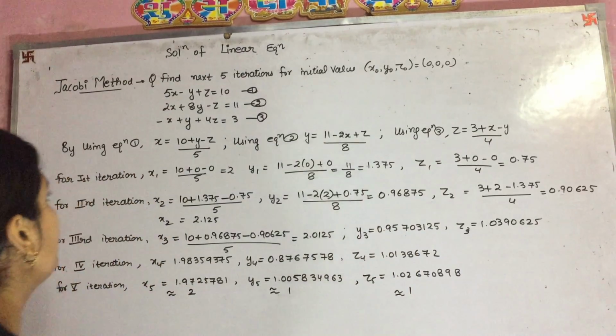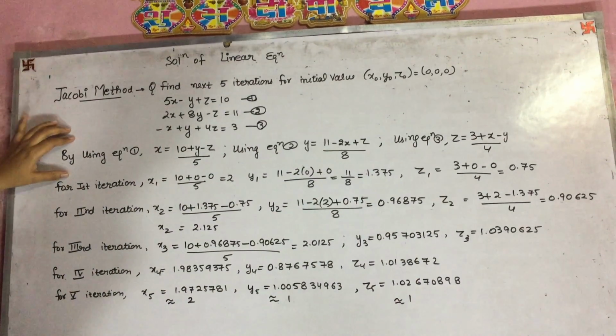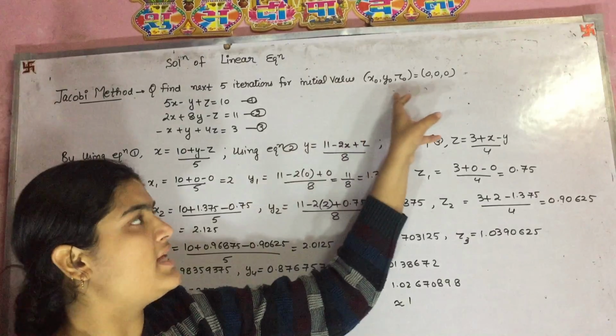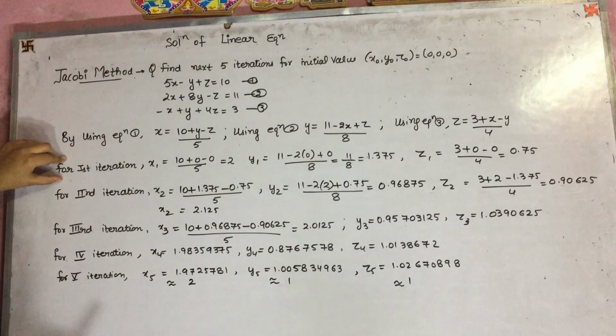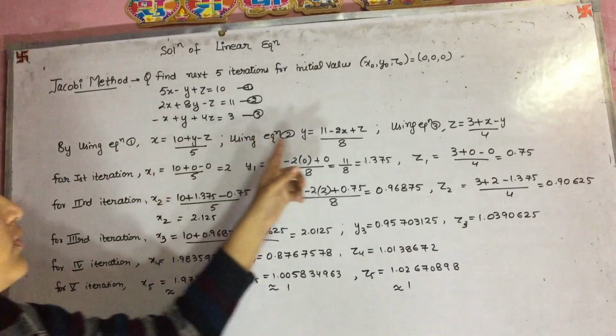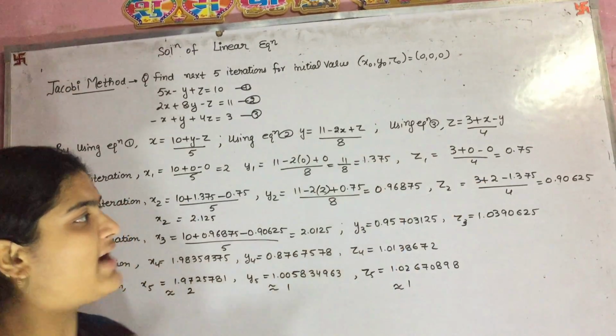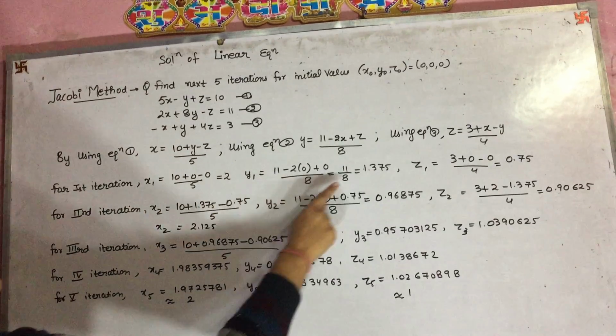Then substitute all these initial values into the first iteration. Here y and z are 0, x and z are 0, and x and y are 0, so you get all three values.